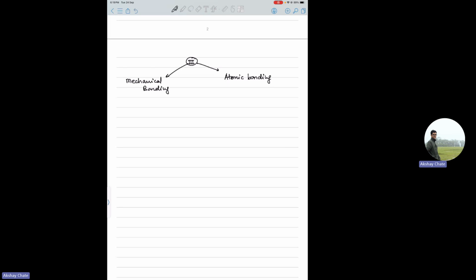Okay, so yeah, mechanical bonding and atomic bonding. This was done in the class, so I'll just briefly run through it. Temporary. In mechanical, there are certain categories. Maybe we should have some tree diagram so that if somebody wants to remember.